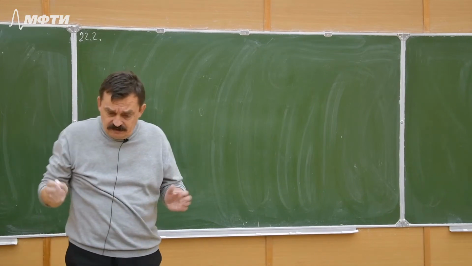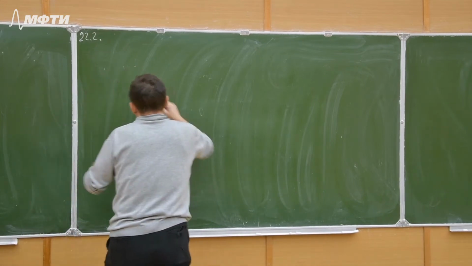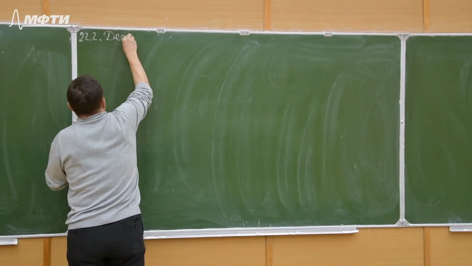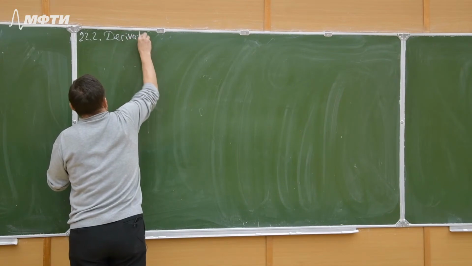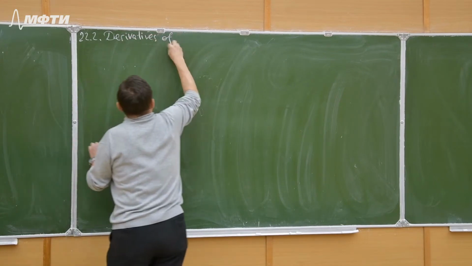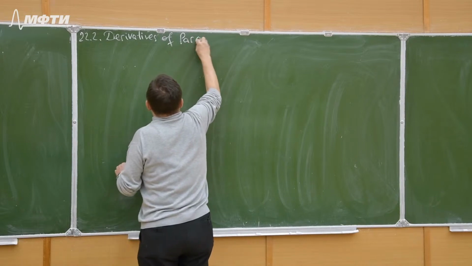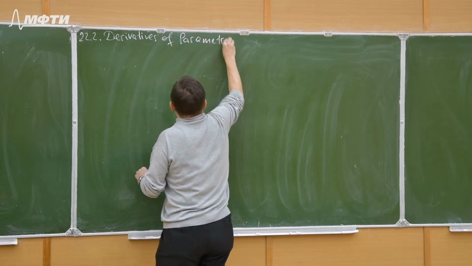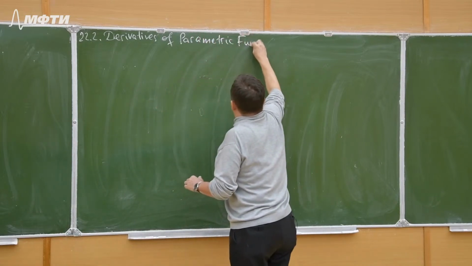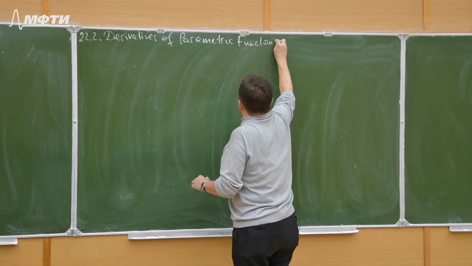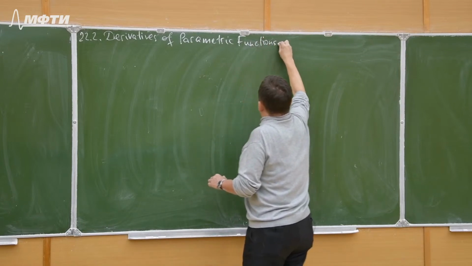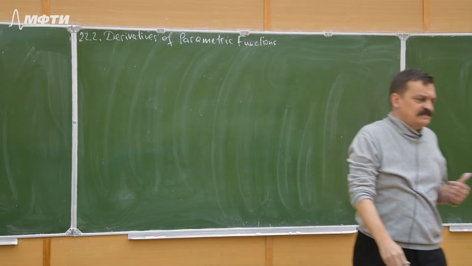It is called derivatives of parametric functions. Although that is not precisely correct.